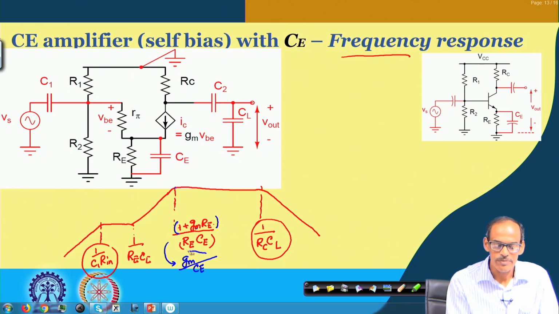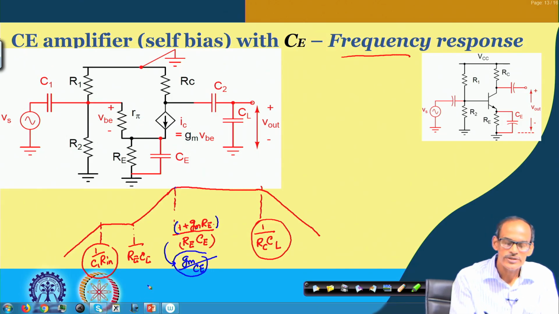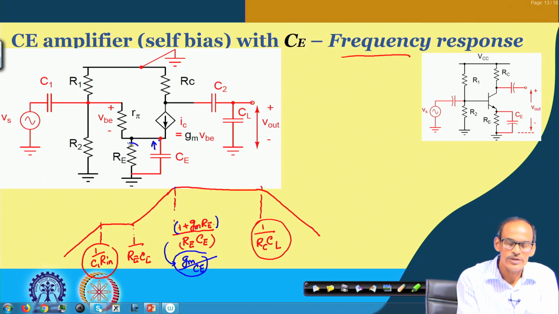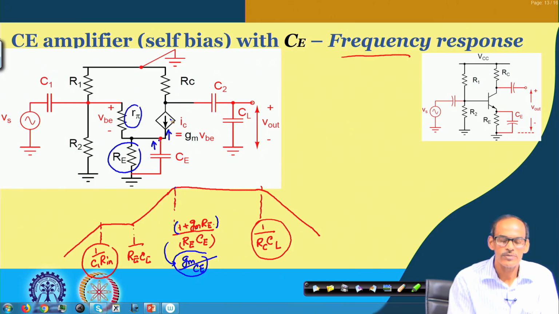What it means is that whenever Ce looks into this node, the effective resistance it sees is not only this Re and then r pi, but most importantly we have one active device here. If you apply a voltage here, that voltage directly appears as Vbe or Veb, and that makes a huge current flow because of this gm.